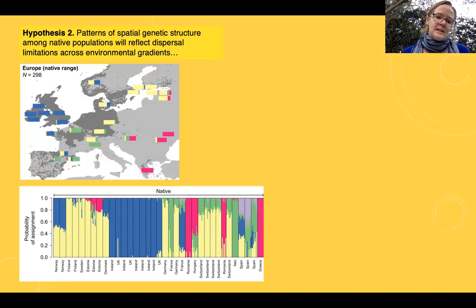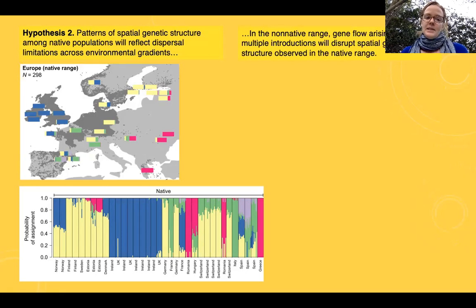When we first did this analysis, we could do a PCA without any spatial information, and it was almost like plotting the populations on a map. The genetic differences were really quite clear, and you see that within regions as well. So there's quite strong spatial structure.